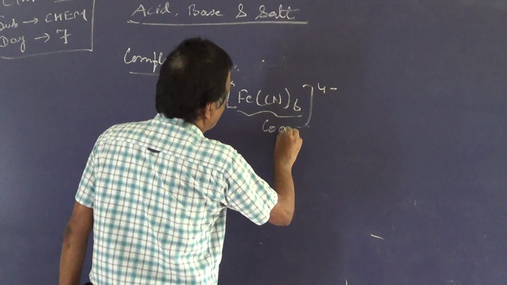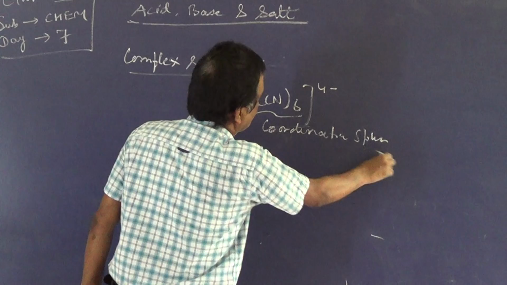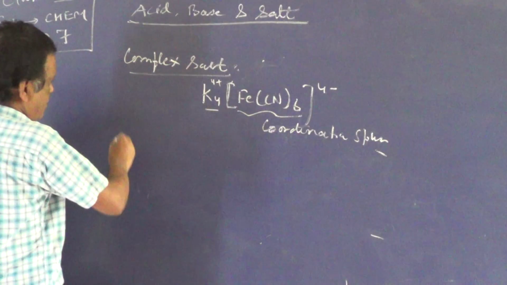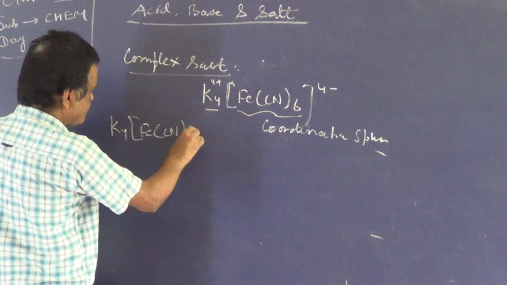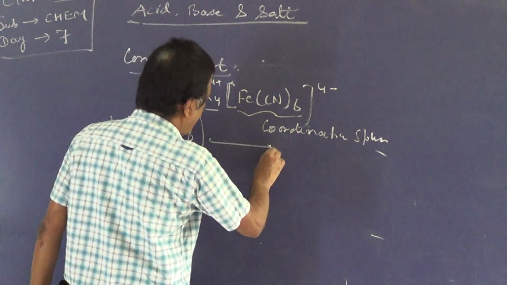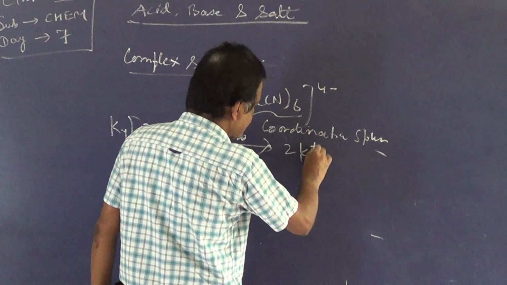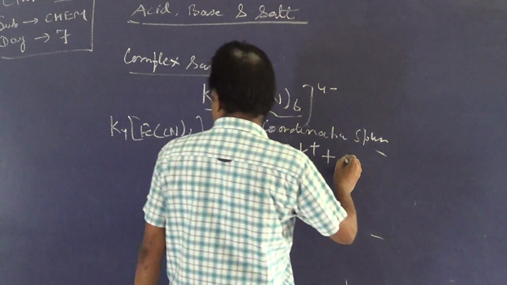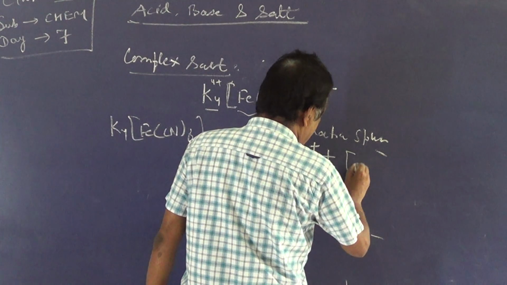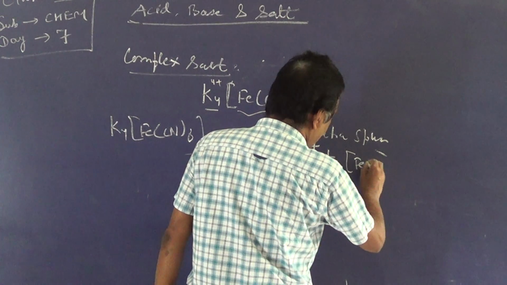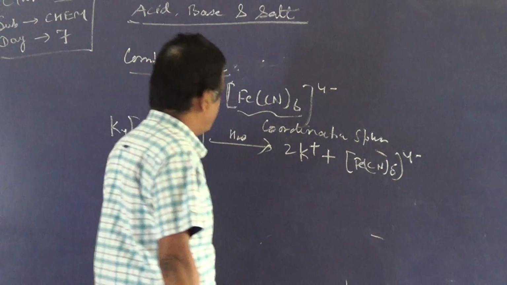In water medium, it dissociates to give 4K+ and [Fe(CN)6]4-.